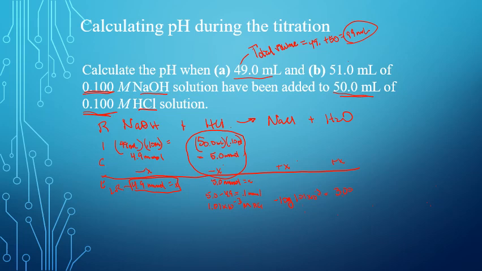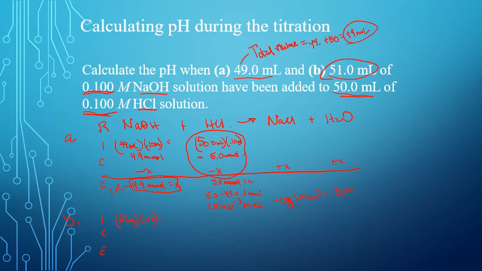Now, let's do the same thing, but this time, let's flip that script, and I'm just going to put my I, C, and E down here. But for part B versus part A, we now have 51 milliliters of the NaOH. So same type of scenario, I have the 51 milliliters times 0.10.